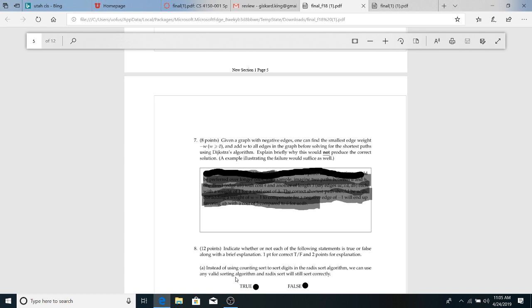That condition was that however you're sorting the numbers, it's a stable sort, right? Because you're basing it on numbers that are already pre-sorted based on a previous digit, right? So if you mix them up based on the second digit, you could be messing up the entire sorting algorithm, right?